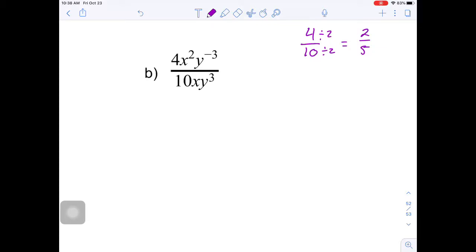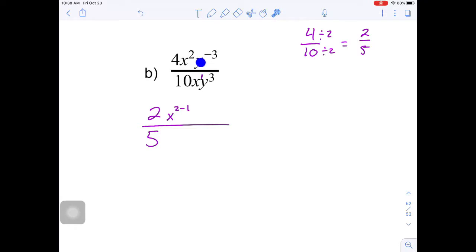So I can represent 4 over 10 as 2 over 5. Now let's simplify x squared dividing x. These are similar bases dividing, so I'm going to subtract their exponents. And remember, since x doesn't have a 1 in front, it's simply a 1 as an exponent. So this is x to the power of 2 minus 1.